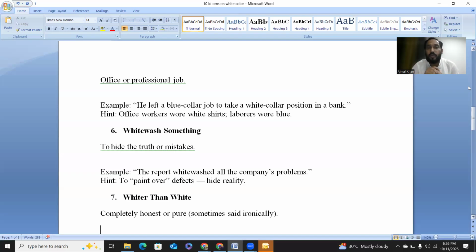The hint is to paint over defects or hide reality. Someone has committed a mistake, it is reality, and to whitewash means to paint over it, to hide the mistake. Hopefully you have got my point. To whitewash something means to hide some mistake, to hide something wrong.